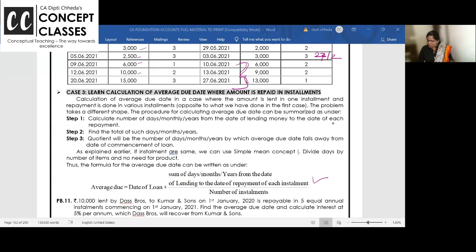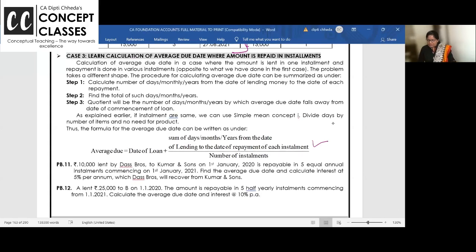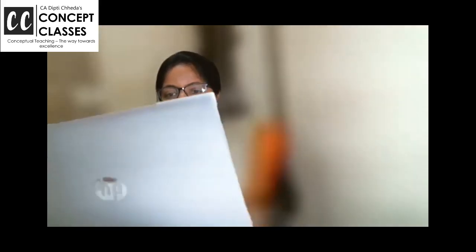अच्छा, what is formula वो तो देख लो. Average due date is date of loan, sum of the days, months, years to the date of the repayment. Look at the formula. One second, this time.